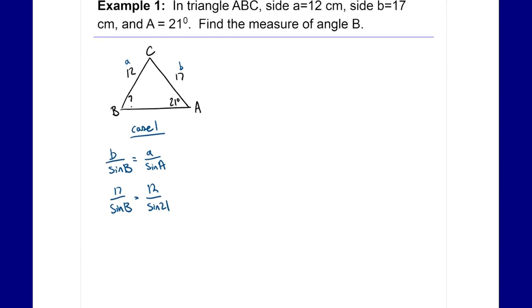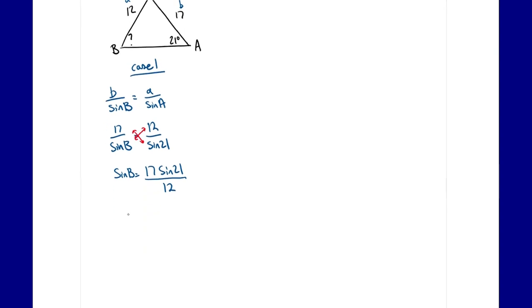Cross multiply and rearrange, and we end up with sine B equals 17 sine 21 divided by 12. Then do the inverse sine of this answer, 17 times sine 21 divided by 12. Taking the inverse sine of that, I get angle B is equal to 30.5 degrees.